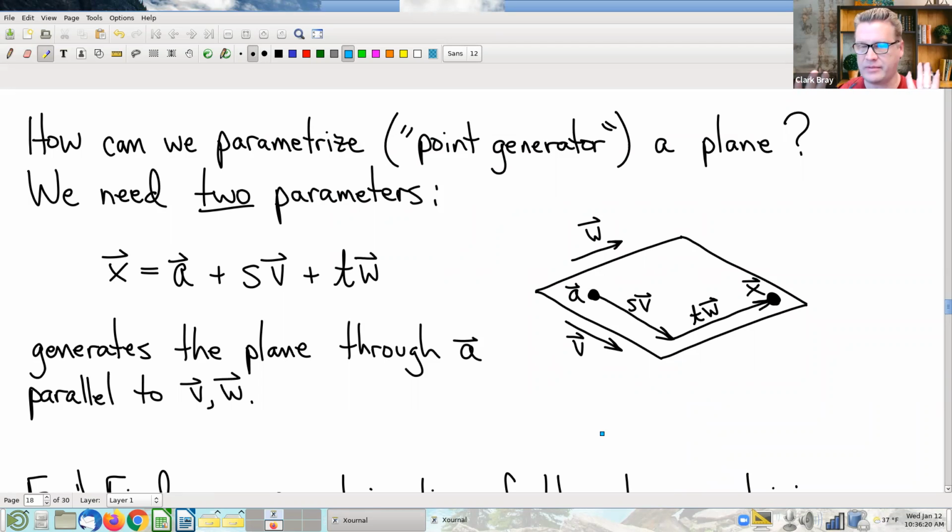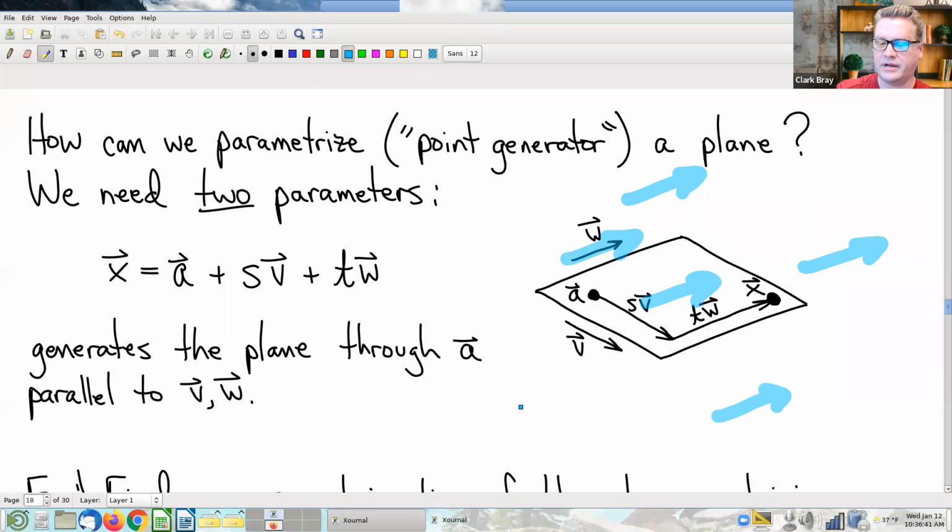No. Let me quibble with your language a little bit. I want to emphasize that this vector W isn't anywhere because vectors don't have locations. I'm drawing it there, but of course, W is exactly the same as that vector, which is exactly the same as that vector or that. These are all the same vector. A vector is just a direction and a magnitude.